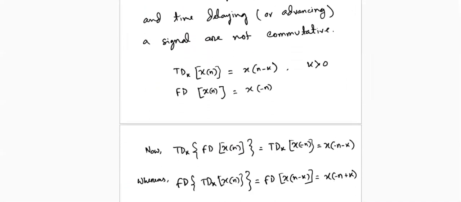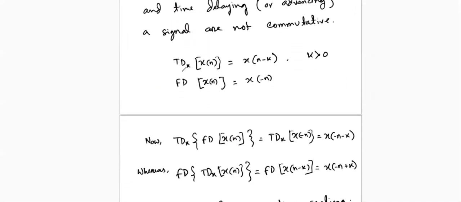So it can be mentioned that if we have time delay, it can be delaying or it can be advancing. Advancing means x[n+k], and delaying means x[n-k].